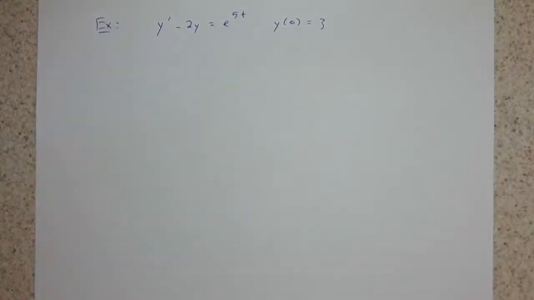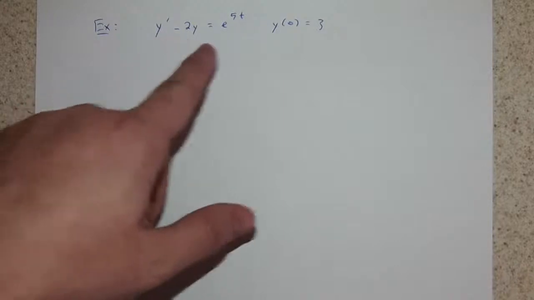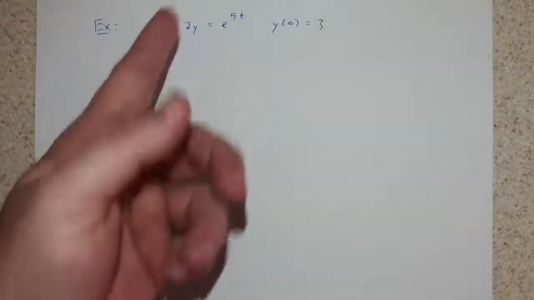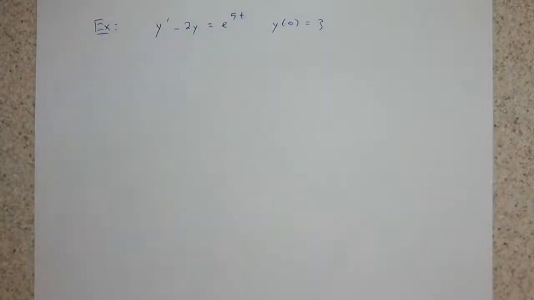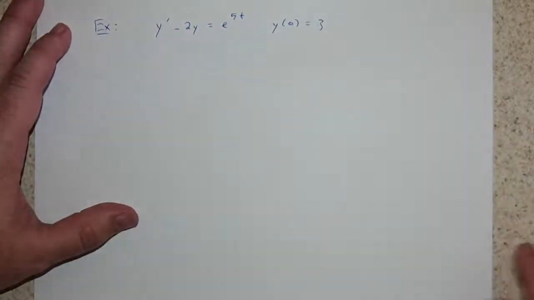If I wanted to solve, so this is a first order linear constant coefficient equation right here, but it's not homogeneous, okay? You know exactly how to solve this. It's already in linear normal form. You could solve this using the methods of chapter 1. No mystery here. But let's just see how Laplace transforms work for this.